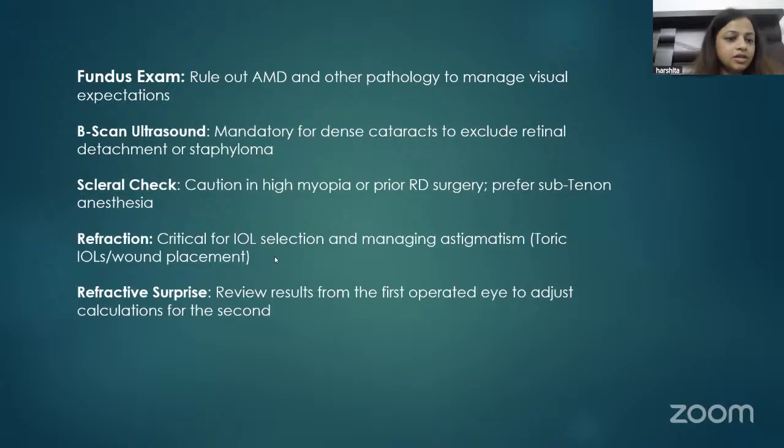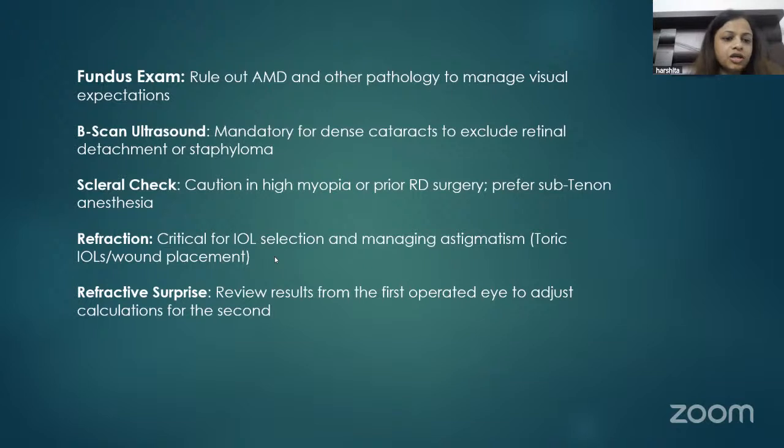Then the other examination which has to be done beforehand is fundus examination to rule out any posterior segment pathology, so that the visual expectation can be told beforehand. And B scan has to be done in dense cataract. Then the sclera has to be checked, especially in cases like high myopic patients and prior surgery, and we prefer topical or subtenon anesthesia.